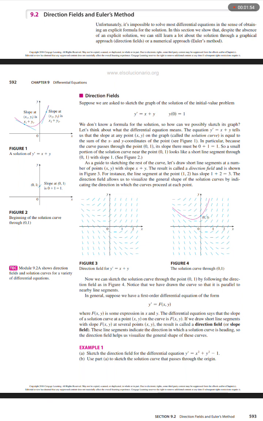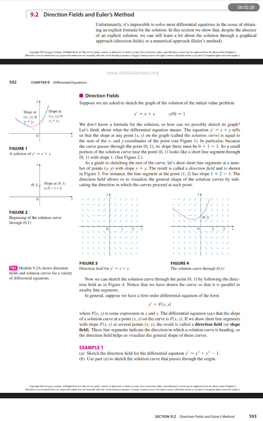In particular, because the curve passes through the point (0, 1), its slope there must be 0 plus 1 equals 1, so a small portion of the solution curve near the point (0, 1) looks like a short line segment through (0, 1) with slope 1.